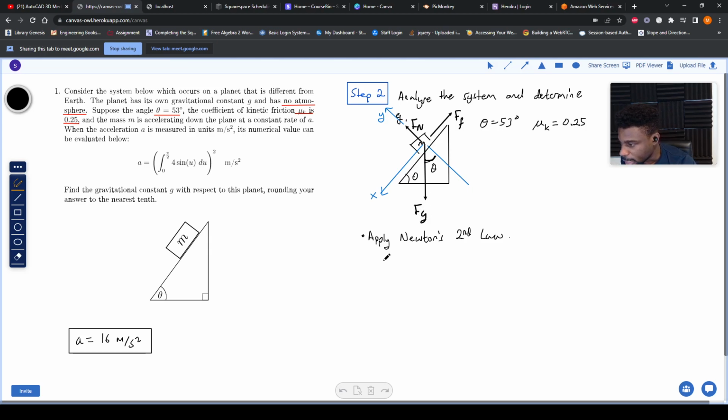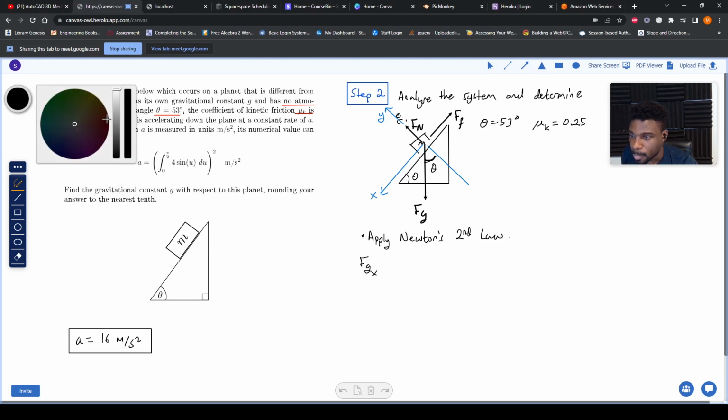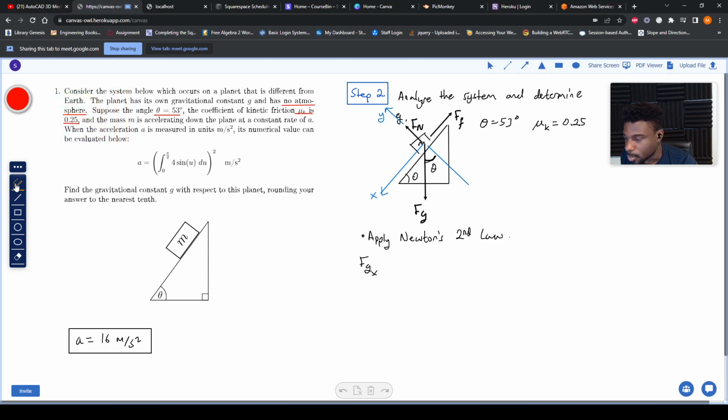So we're going to say Fg in the x direction. We can find that by drawing a line from our y-axis parallel to the x direction until it intersects Fg over here. So this will be our Fgx.